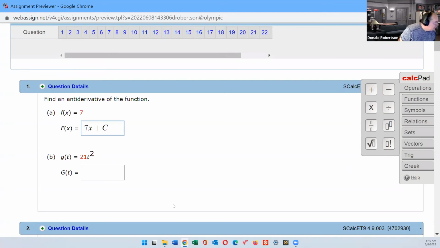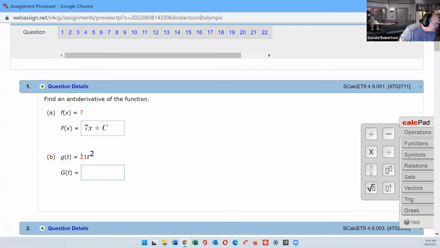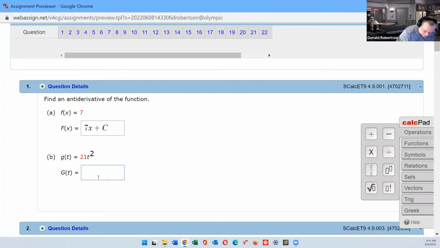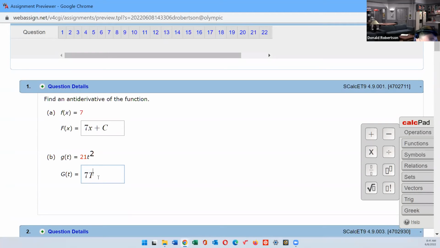So it likes capital C. Isn't this question a power rule? So I'd add 1 to the power, which is 3, divide by 3, and you get 7 t cubed plus C.